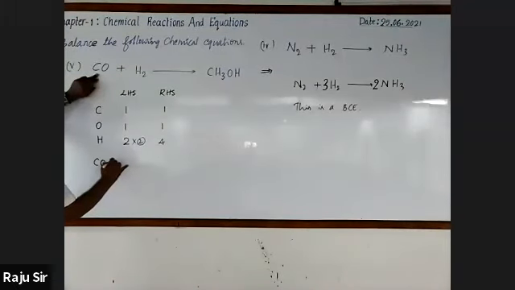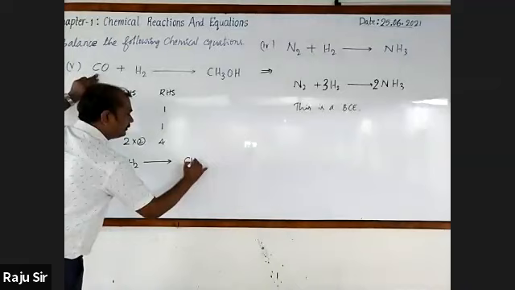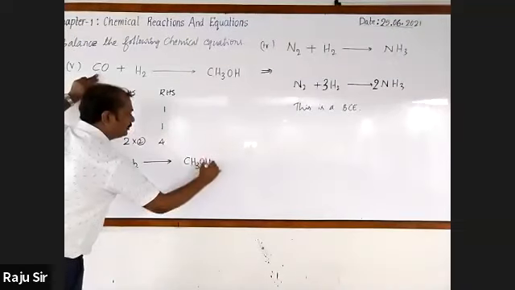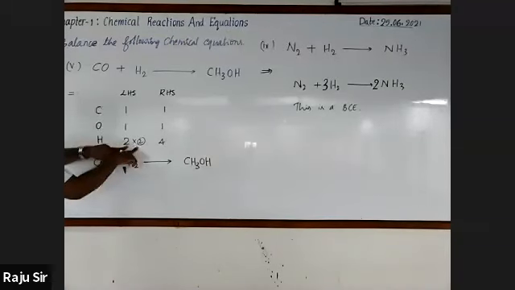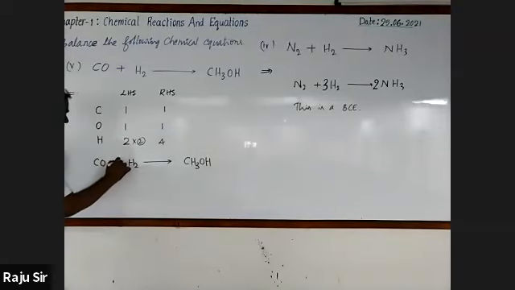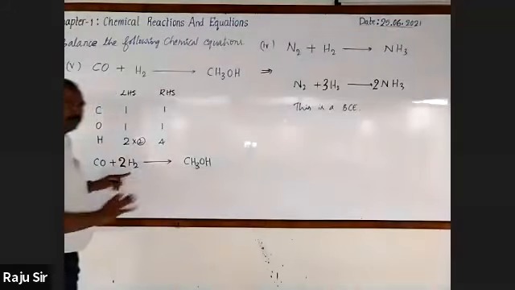Carbon monoxide plus H2, that is hydrogen, gives rise to methyl alcohol, CH3OH. Here 2 has to be multiplied on the left hand side where hydrogen is there. 2 twos are 4 atoms of hydrogen. Here 4 atoms of hydrogen.